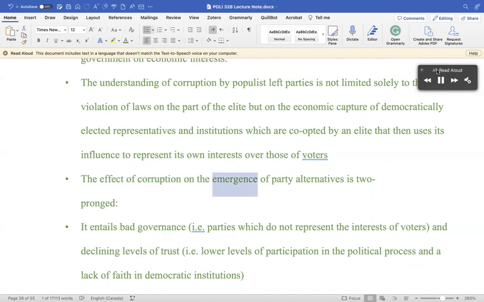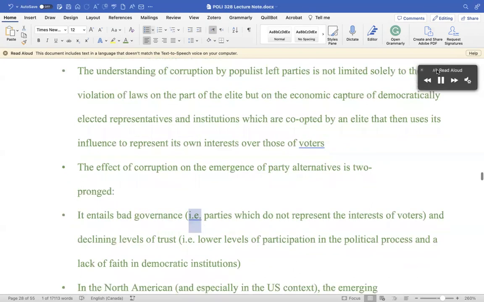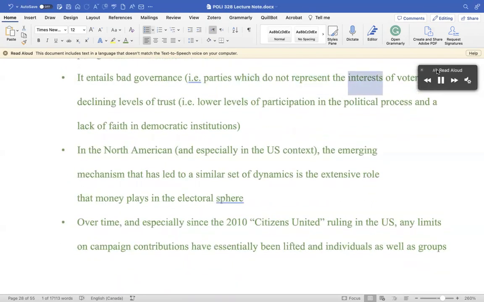The effect of corruption on the emergence of party alternatives is two-pronged. It entails bad governance, i.e. parties which do not represent the interests of voters, and declining levels of trust, i.e. lower levels of participation in the political process, and a lack of faith in democratic institutions.